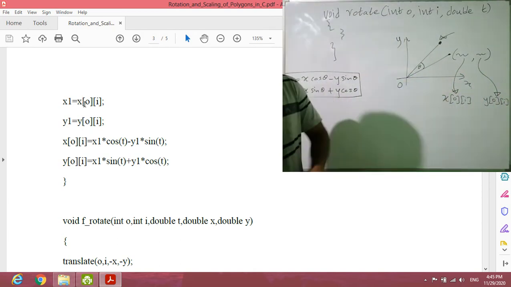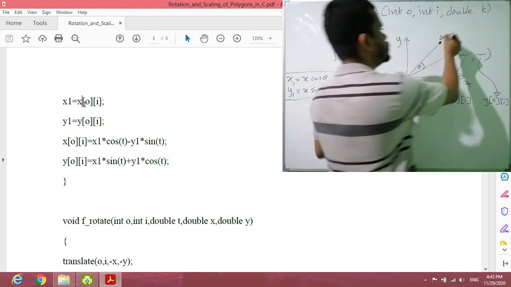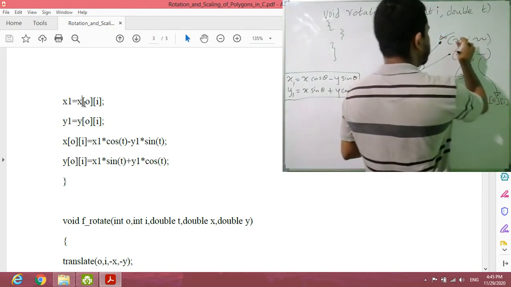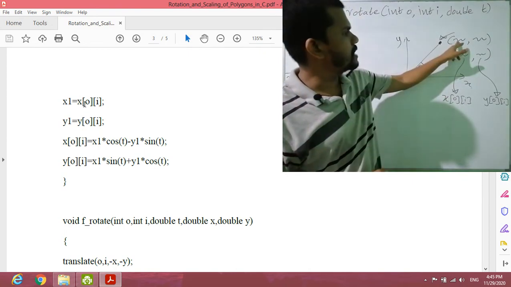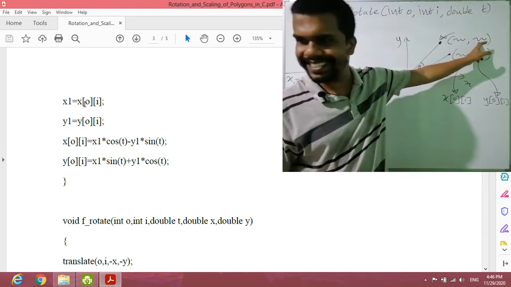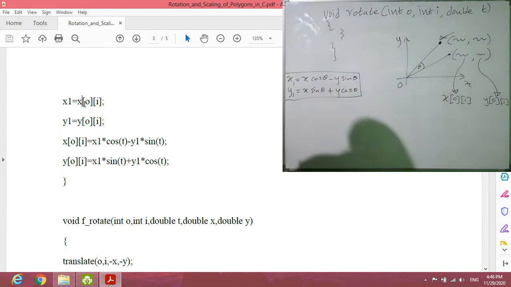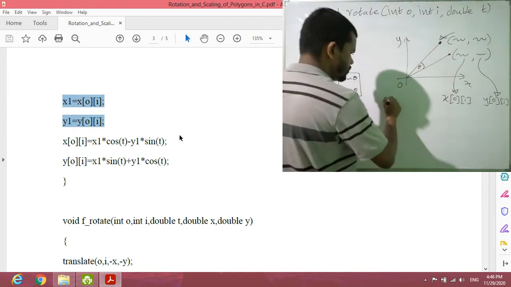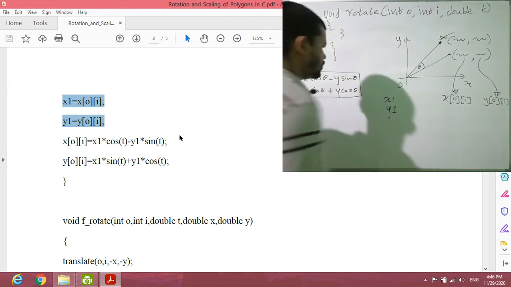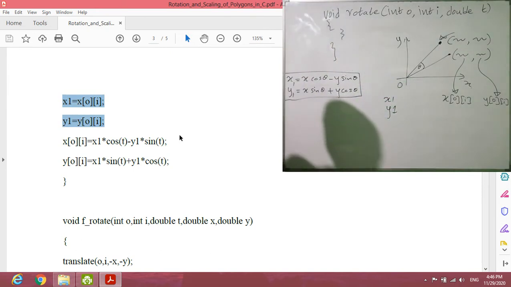Now we want to replace the value of this one from this and the value of this one from this. Okay, so in order to do that, first we assign the values to x1 and y1. So don't mess up with this x1 and y1.